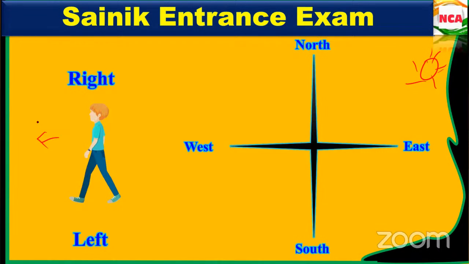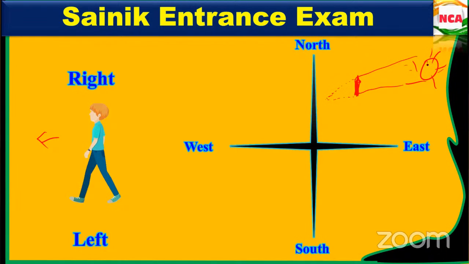How come the left side? This is during sunrise only. If a pencil or pen is pointed towards here, the sun's light will hit it and its shadow will fall like this.